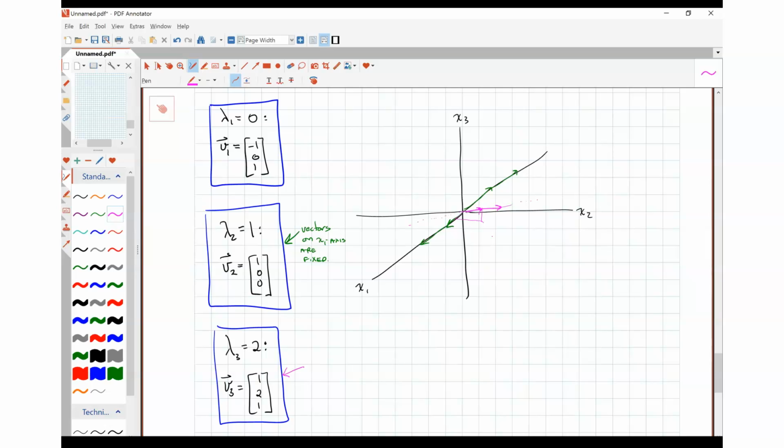I was going to write down that vectors on this line that's determined by the vector 1, 2, 1 double in length.